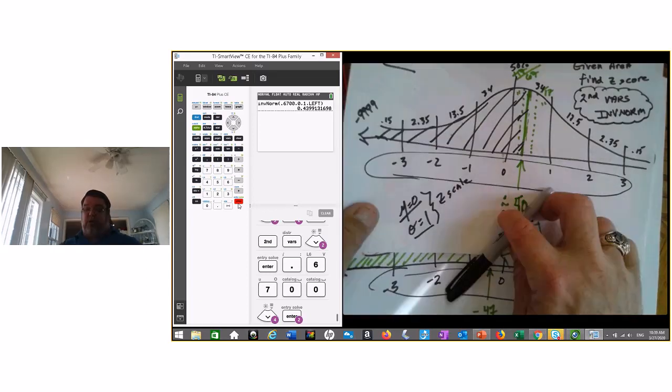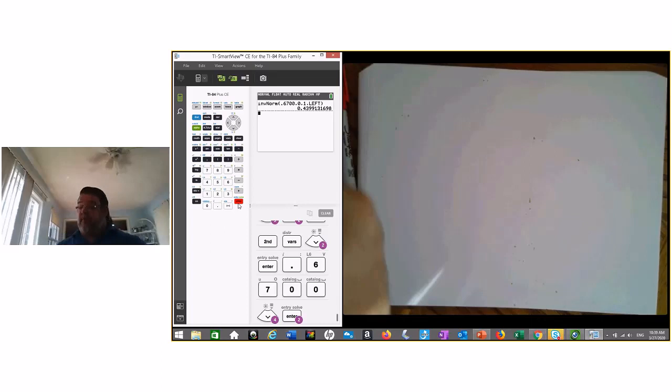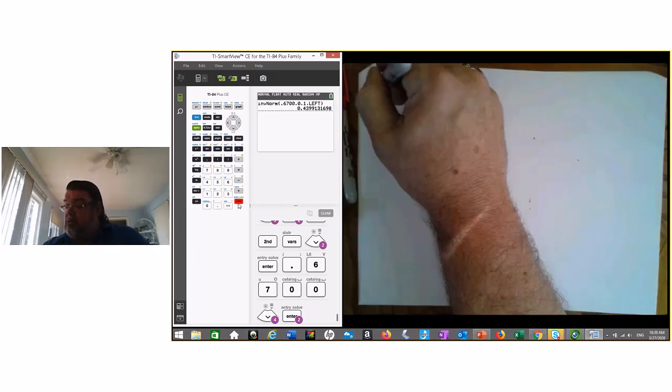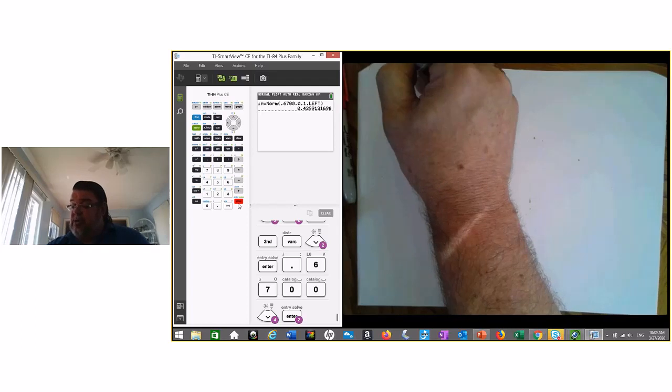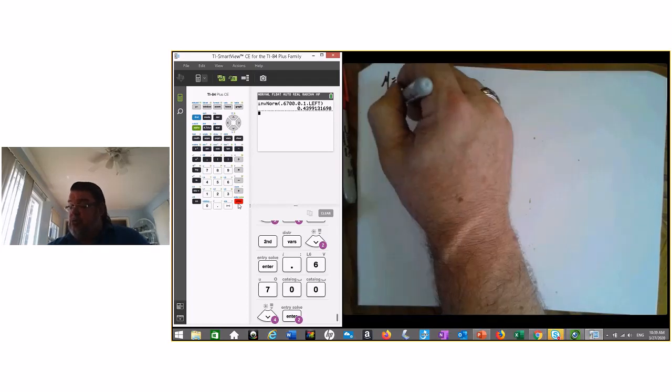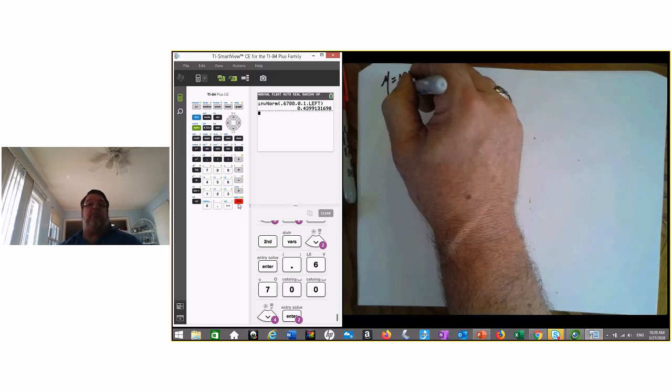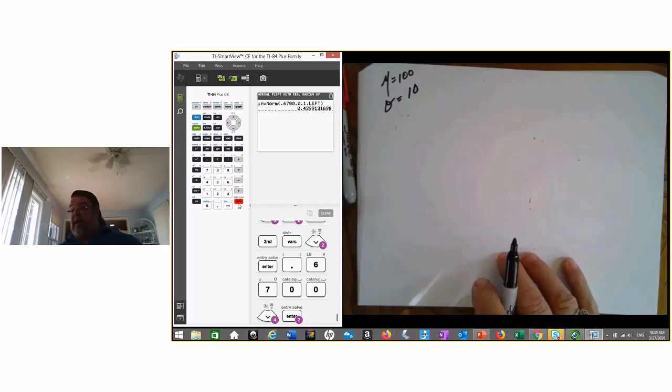Well, the next part, and these are the second questions you're going to have, is mean is equal to 100, and the standard deviation is equal to, we'll do 10 to make it easy. Now we got a different animal.